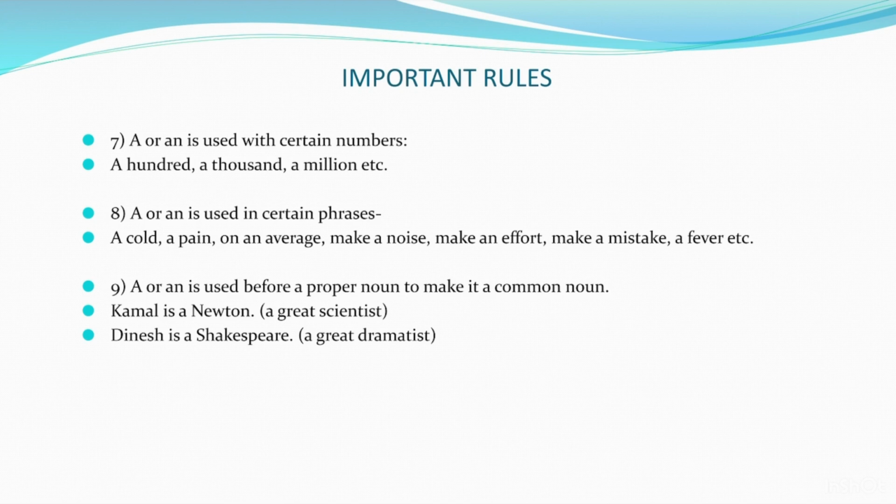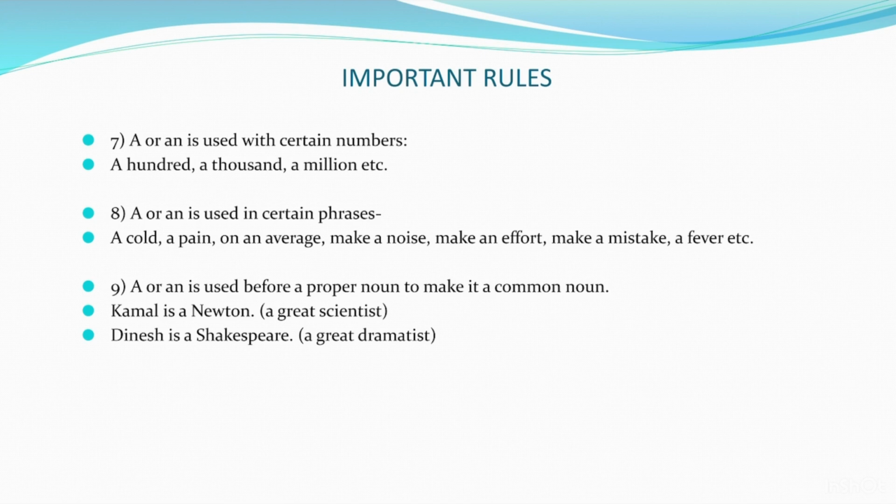Okay, in such cases we use either a or an. A or an is used before a proper noun to make it a common noun. Let's look at the example. Kamal is a Newton. Okay, so Newton we all know is the name of a great scientist. Hence, Newton should be a proper noun.